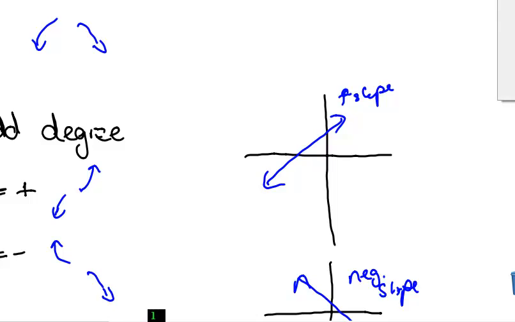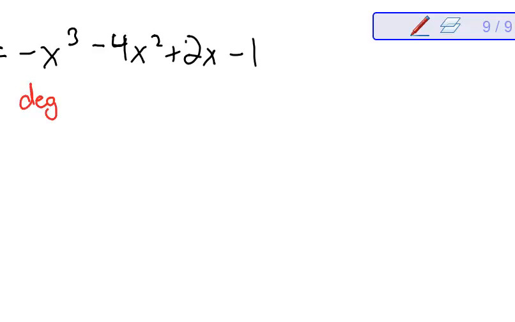Let's go through and look at some examples and just determine what their end behavior is going to be. So let's look at if I have f of x equals negative x to the third minus 4x squared plus 2x minus 1. Okay, I'm going to ask you, what is the degree of my polynomial?